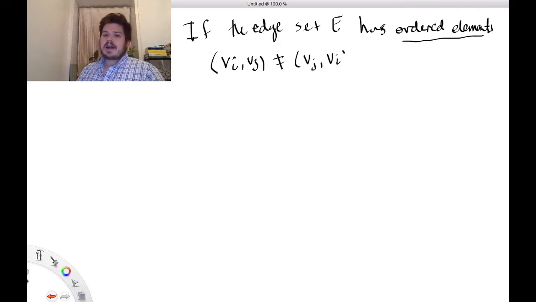So if you have edges where the ordering does matter, where what is in this first position matters and what is in the second position matters, then we'll call the graph directed.